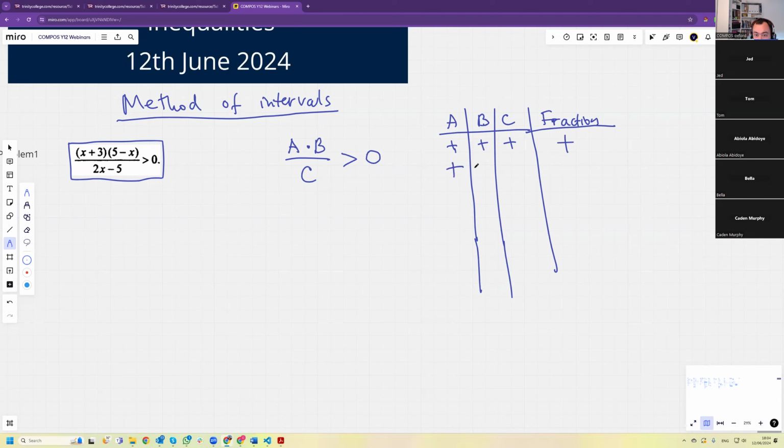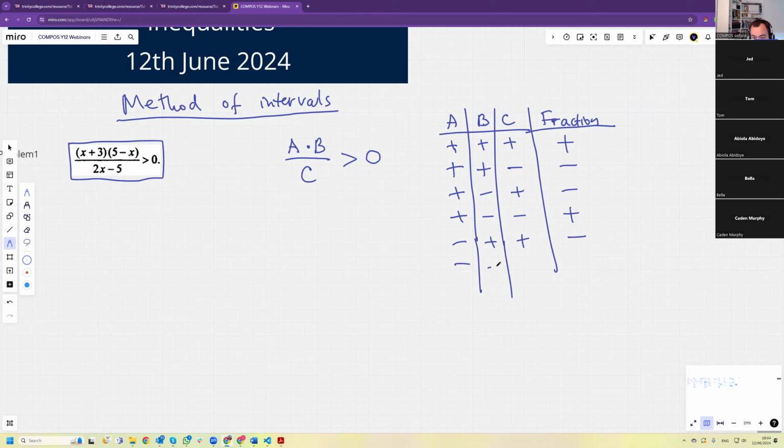If A is positive, B is positive, C is negative, it's going to be negative, right? Easy. If positive, negative, positive, it's going to be negative. If it's positive, negative, negative, it's going to be positive. Negative, positive, positive would be negative.